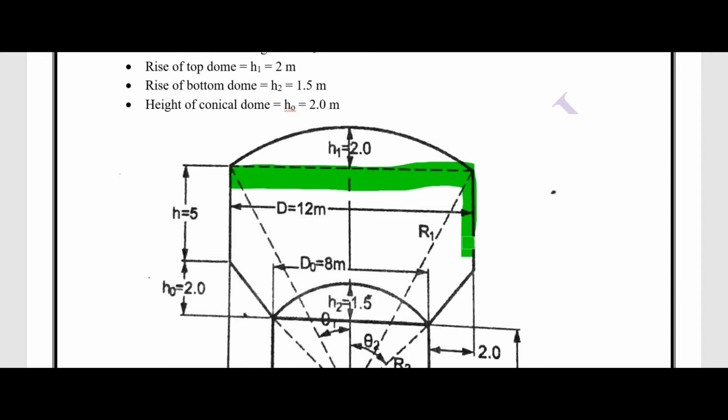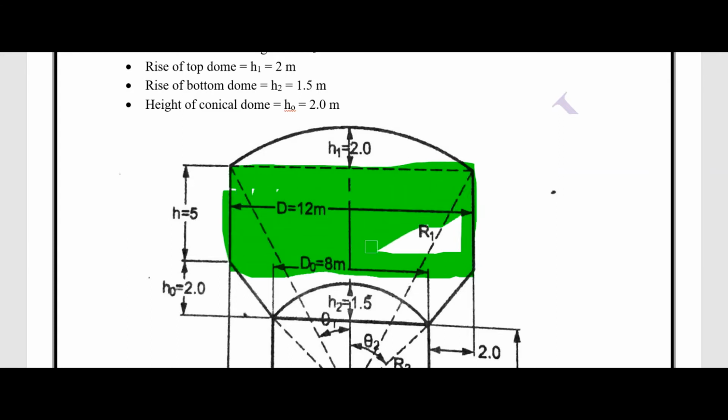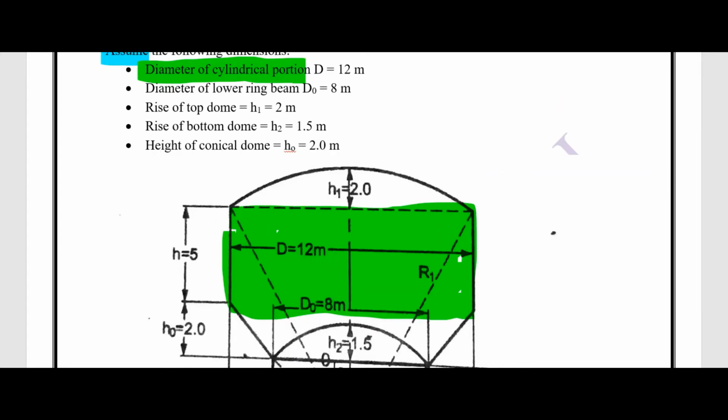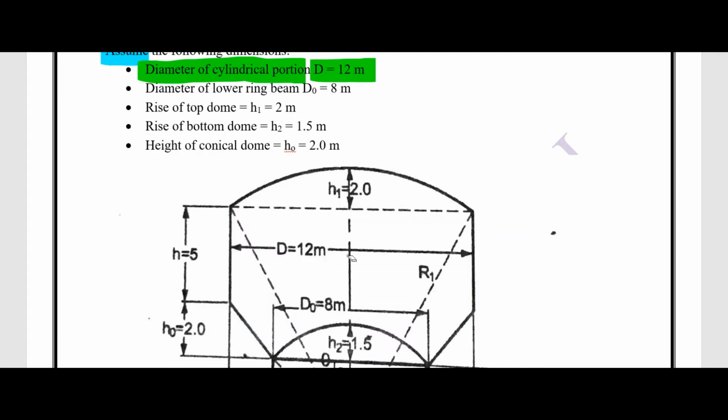This is the cylindrical portion. We assume its diameter as 12 meter.